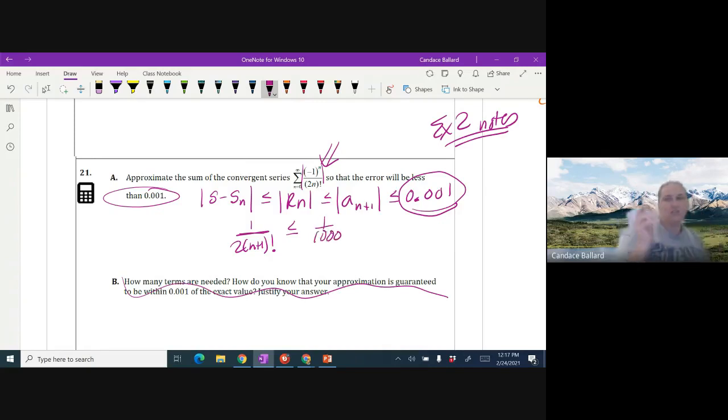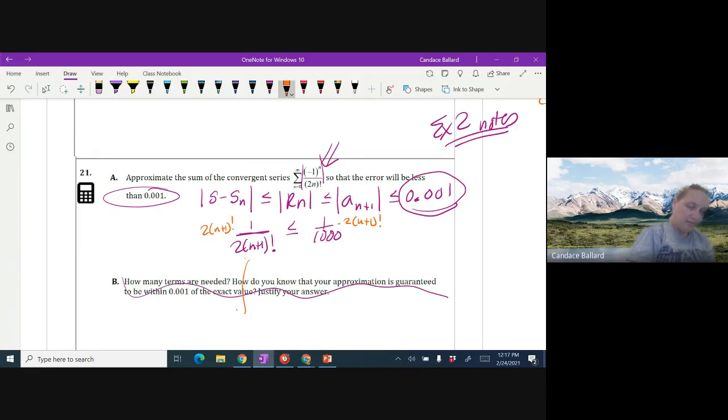Here's where we go back to when I was looking at these and wondering how they got these inequalities to work out. You have to go back to the middle school version of cross multiplication. I want to get this to the other side, so I multiply by 2n plus 1 factorial on both sides.